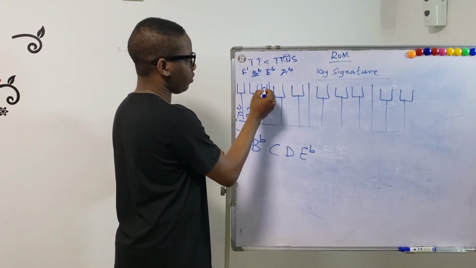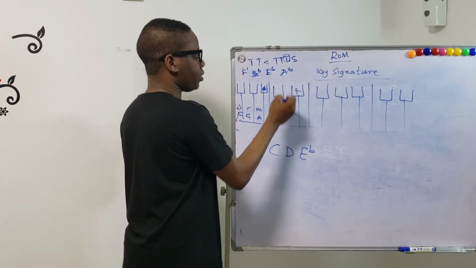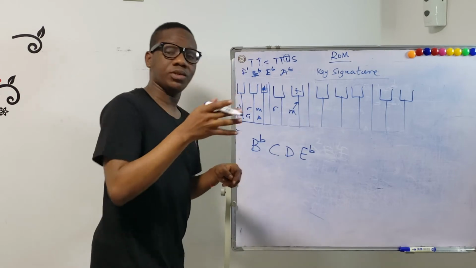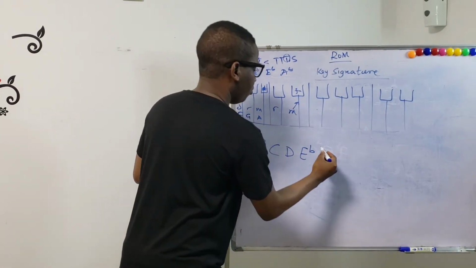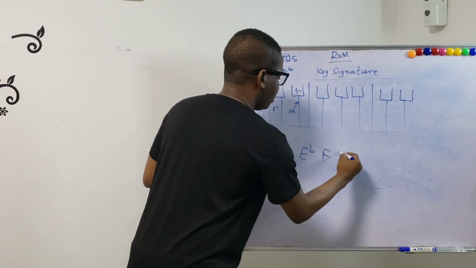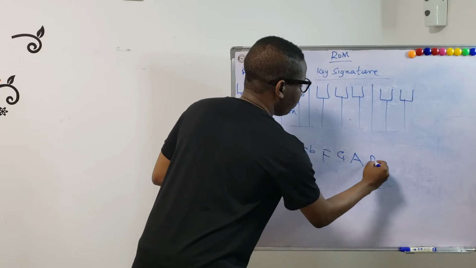Because if this is our Do, this has to be Re, this has to be Mi, and this will be Fa, because the distance between Mi and Fa should be a semitone. So this will be E flat, and the next one will be F, and then G, and then A, and of course B flat again.